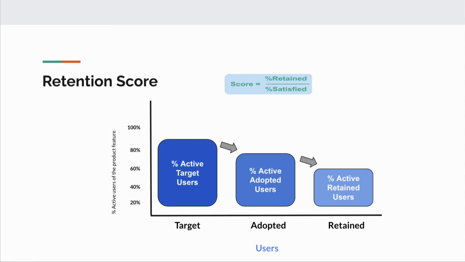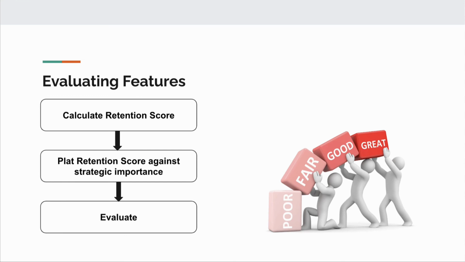By that way, you can calculate the retention score of the user. And also, the mechanism for the evaluation of the feature is really important: calculate the retention score, plot the retention score against the strategic importance, and then evaluate whether its performance is poor, fair, good, or great, and how the feature adds value to our business.